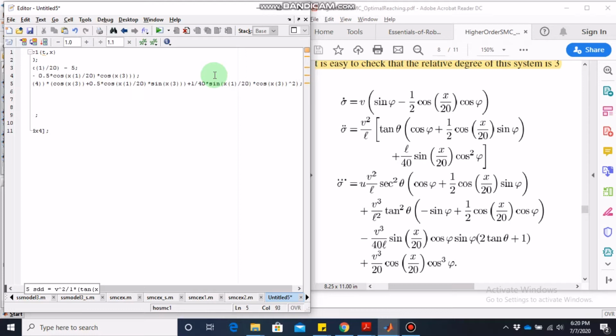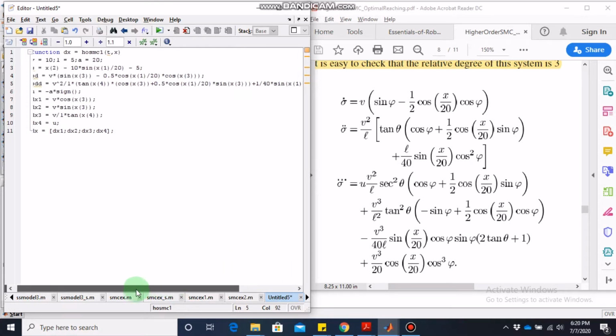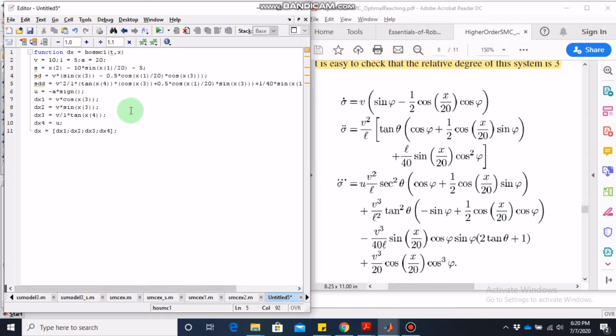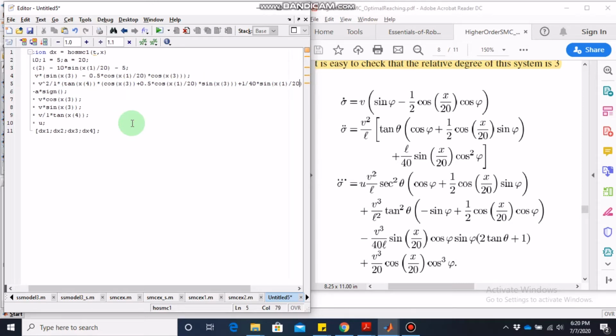So this is our second derivative of the sliding surface, which is v square by L tangent of theta multiplied by, we have to double check, cosine of phi plus 0.5 times cosine of x by 20 into sine of phi plus L by 40 into sine of x by 1 by 20 into cosine square of phi.